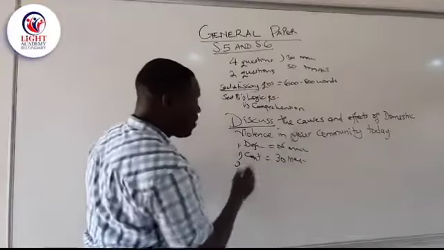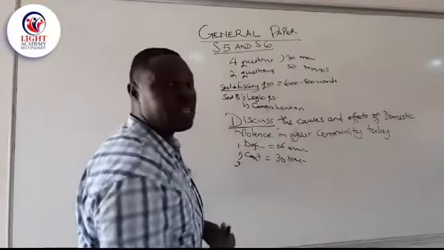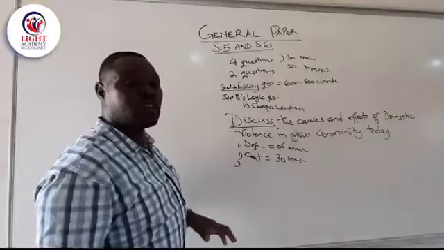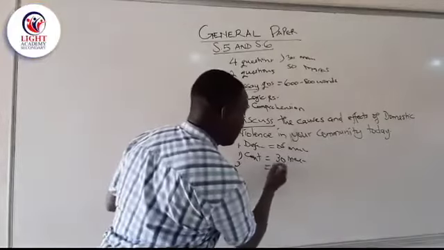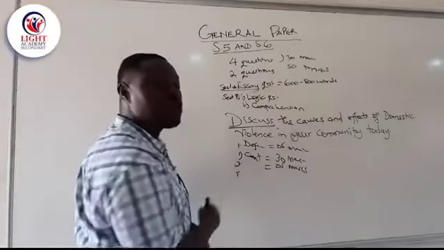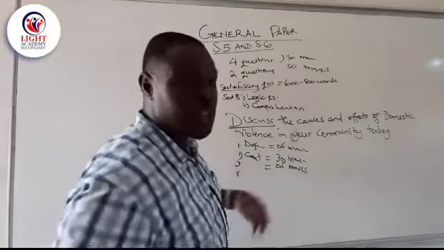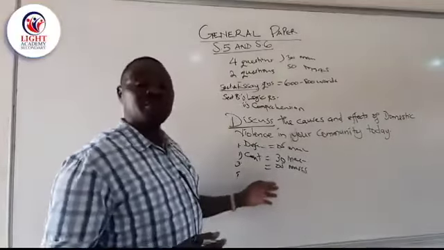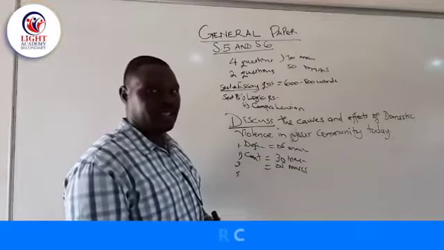And 3, we shall be looking at the spelling, the grammatical structures, and so on and so forth. Those ones will give you 5 marks. And lastly, we have what we call general impression, where you are supposed to be given the 10 marks.